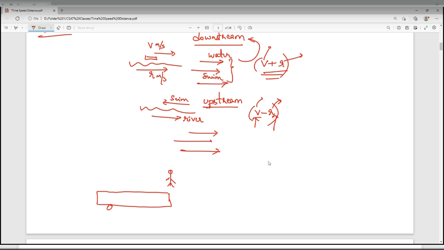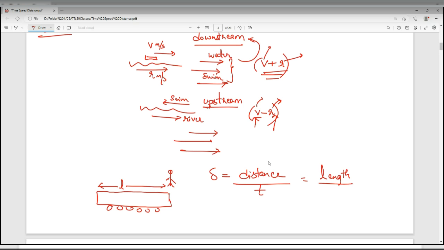The train is passing here, and the train's length is L. Whenever the person is standing and the train is passing, when we use the speed formula, distance traveled upon time taken, the distance is nothing but L, the length of the train.